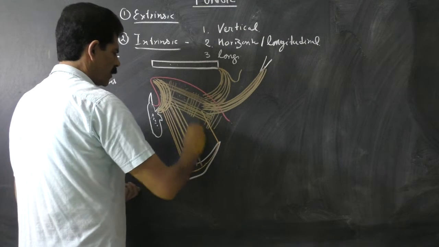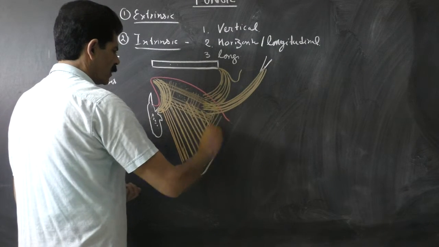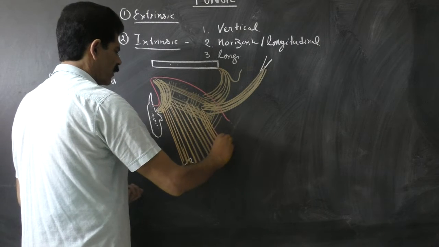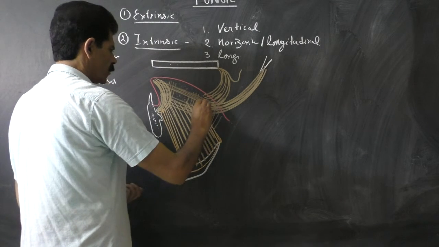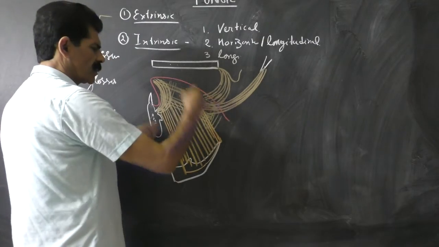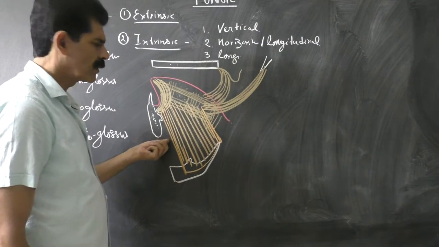Its relation is very, very important. This is the anterior border of the hyoglossus, this is the posterior border. Contraction of this muscle also depresses the tongue in the downward position.